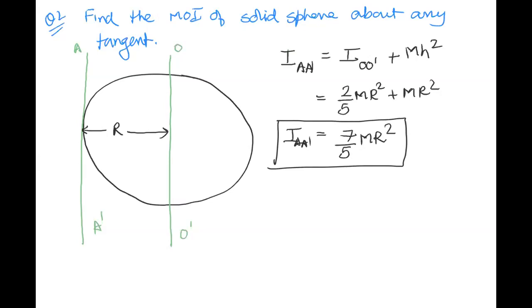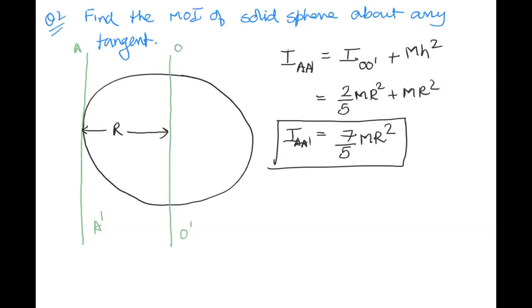O dash tangent नहीं हो सकता है यहाँ पे. एक जो O dash axis होगी, that will always pass through the center of mass of the object. जो center of mass वाली axis है plus m x square. This is also the proof of the fact that any axis passing through the center of mass of an object will have the lowest moment of inertia as compared to any other parallel axis.